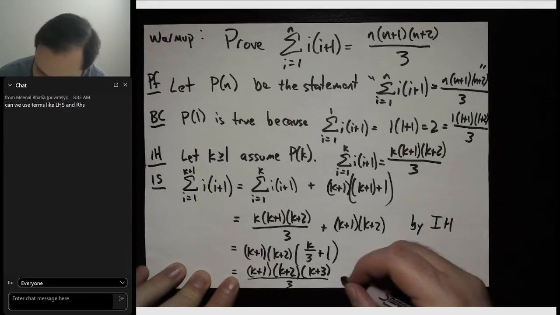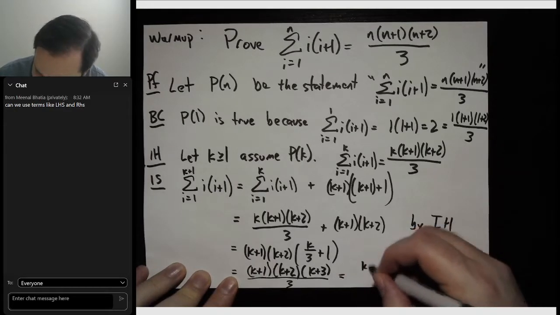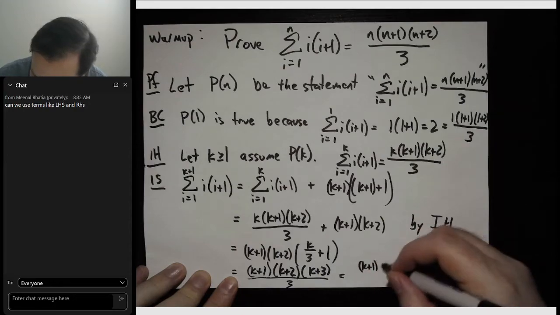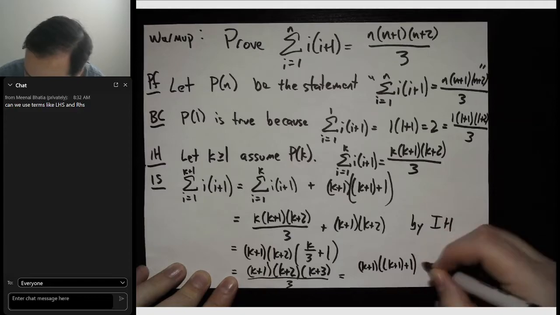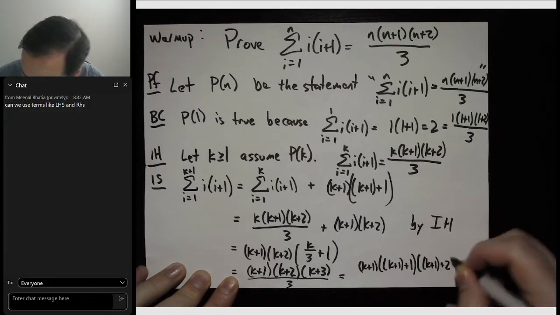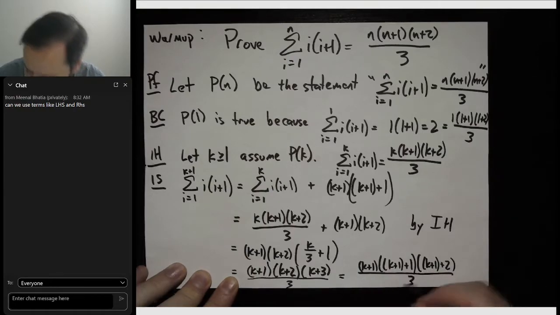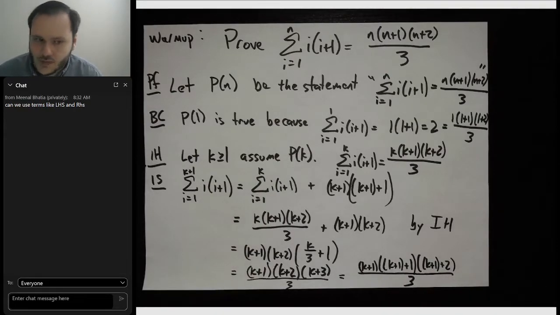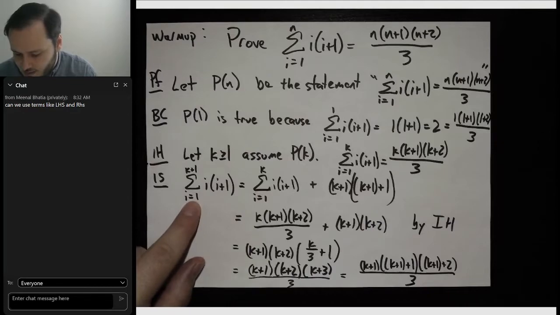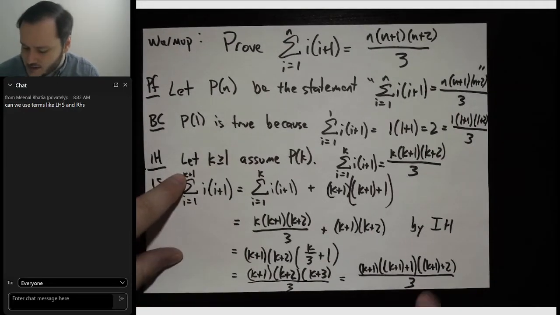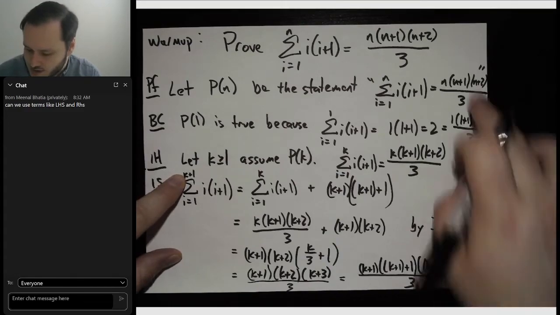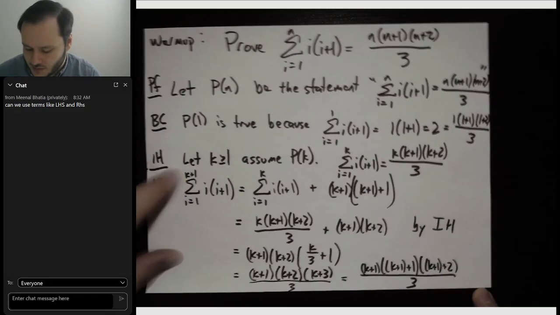And maybe just to really drive the point home, that is k plus 1 times k plus 1 plus 1 times k plus 1 plus 2, all divided by 3. So I have proven that the sum, if I go up to k plus 1, is equal to this thing that it's supposed to be equal to.